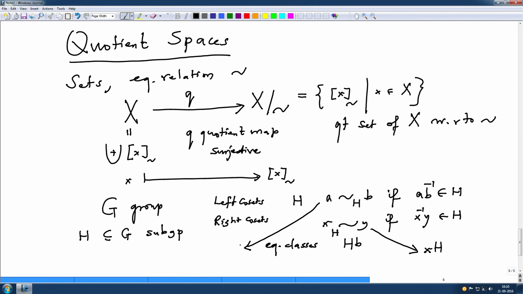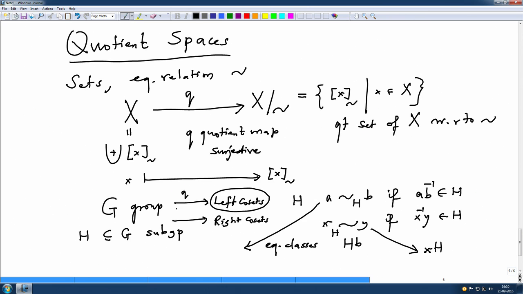So, even as sets these are different, but you would like to put the group structure on this quotient set. That means you would like to define a group operation on this set, so that the quotient map becomes a group homomorphism. There is a quotient map here, there is also a quotient map here, and we want to put a group structure here such that this quotient map is a group homomorphism.